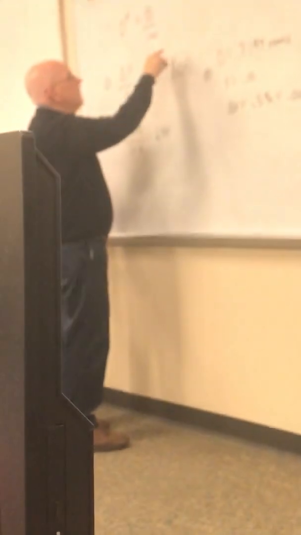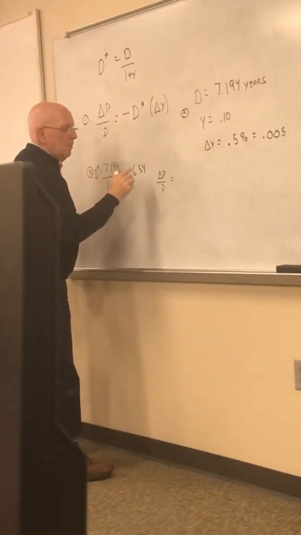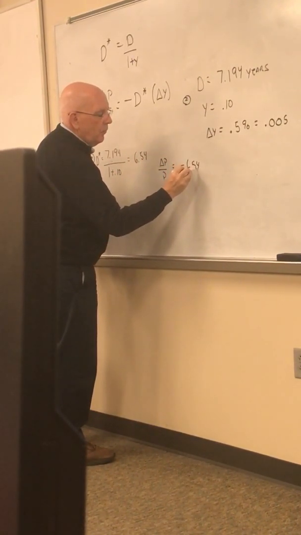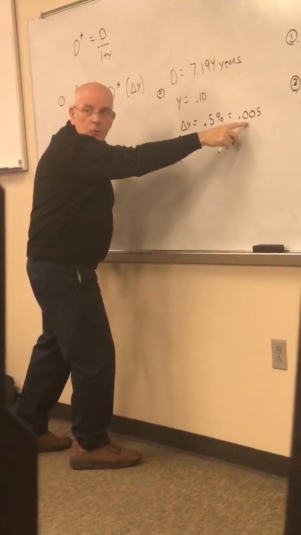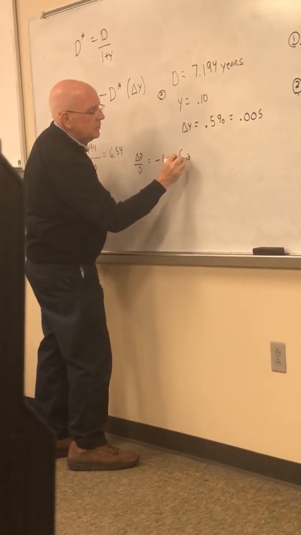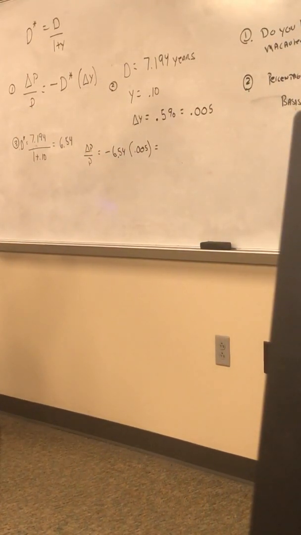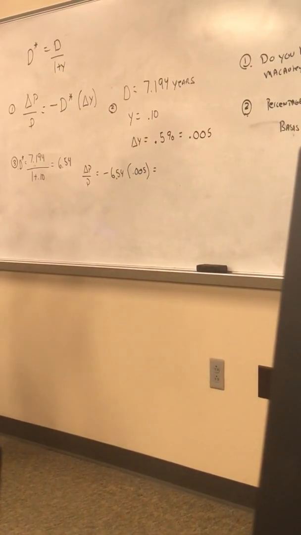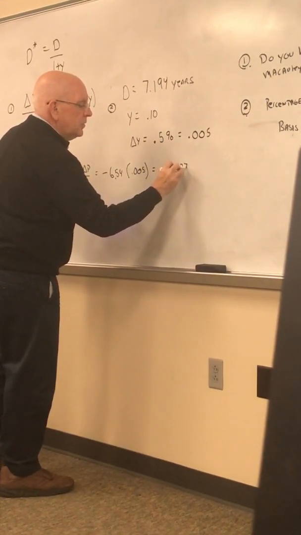Second calculation, right here: delta P over P is equal to minus D star, 6.54, times delta y, 0.005. 6.54, change signs, times 0.005 equals negative 0.0327.